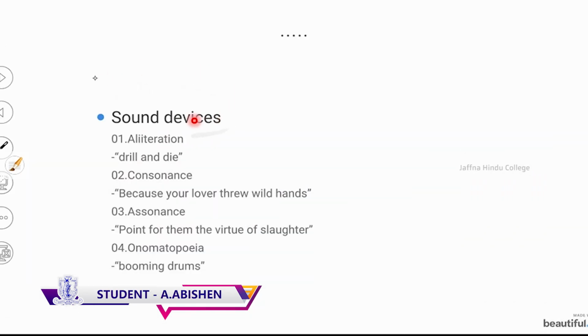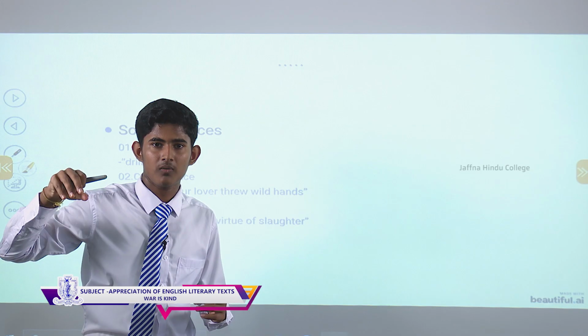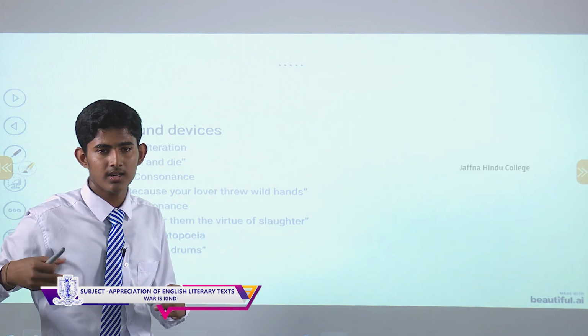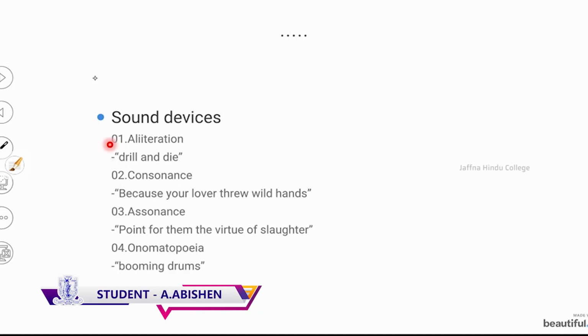Then the sound devices, alliteration, consonance, assonance and onomatopoeia. Alliteration, the initial sound of the word starts with a consonant sound, such as drill and die. The dr sound is repeated. Then consonance, the consonant sounds are repeated, as in to allow through wild hands to right hands towards the sky.